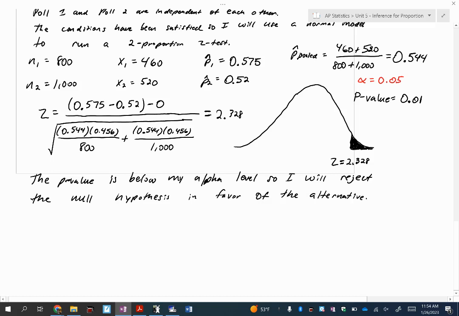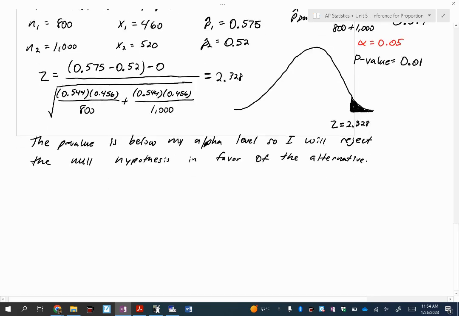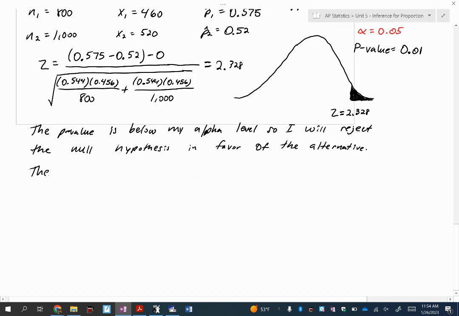Please don't stop there. You have to give context. Got to give context. Haven't said anything about candidate popularity. All right. The candidate's popularity has decreased.